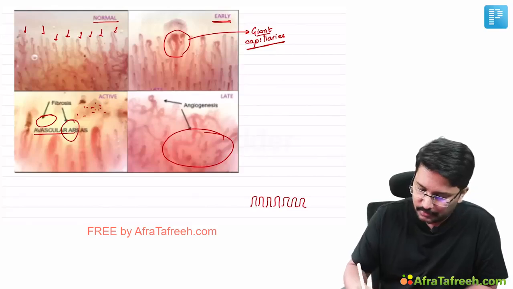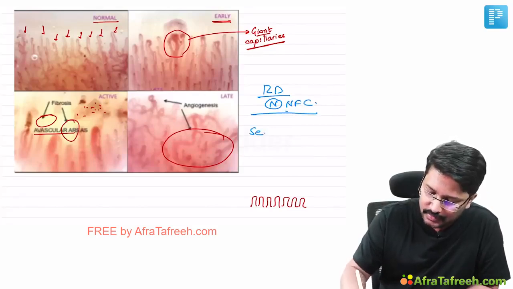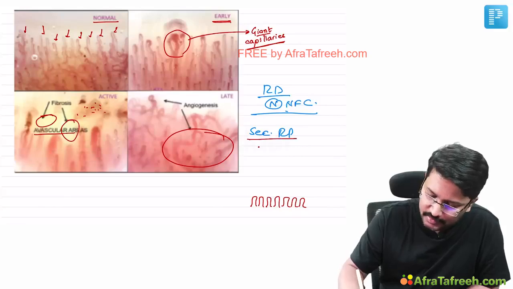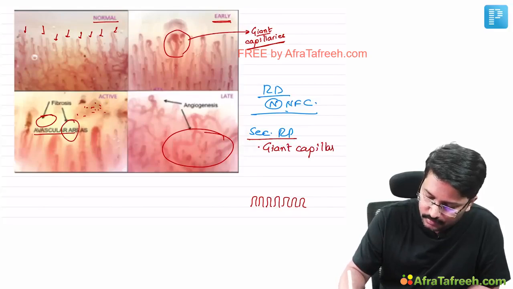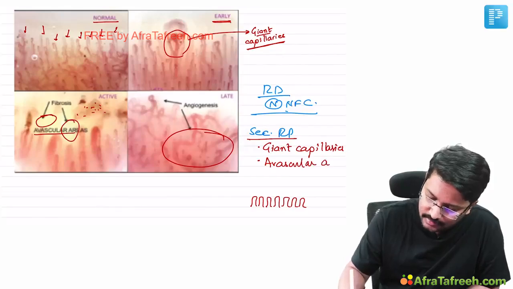So remember, in case of Raynaud's disease, we see normal nail fold capillaroscopy, and in case of secondary Raynaud's phenomenon, we see abnormalities. The abnormalities include giant capillaries. Then the second abnormality is there may be avascular areas.